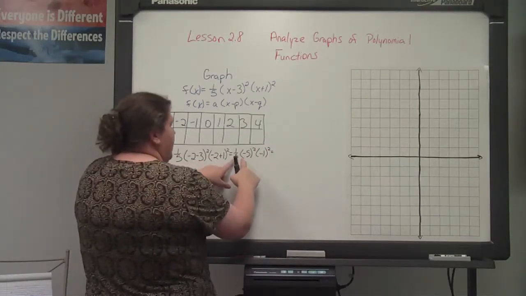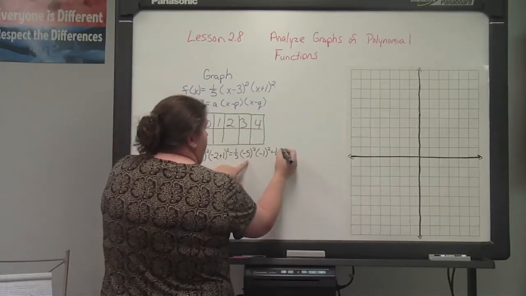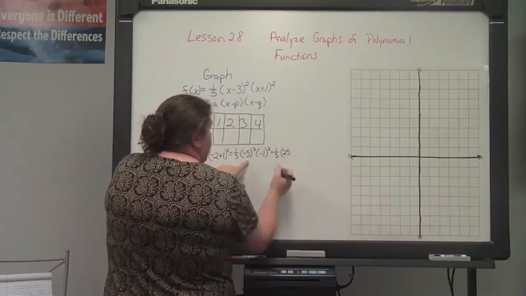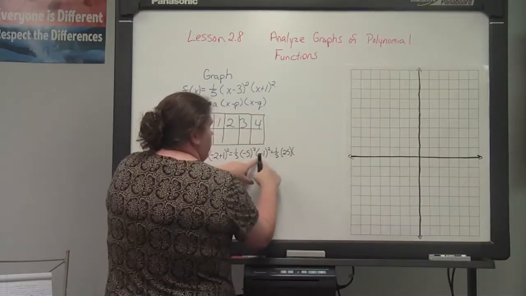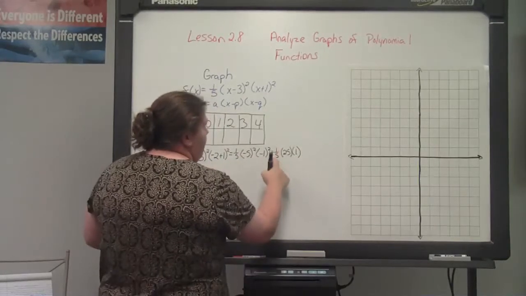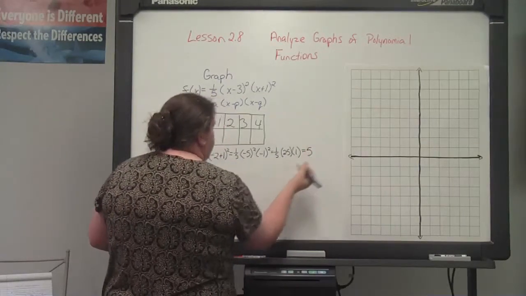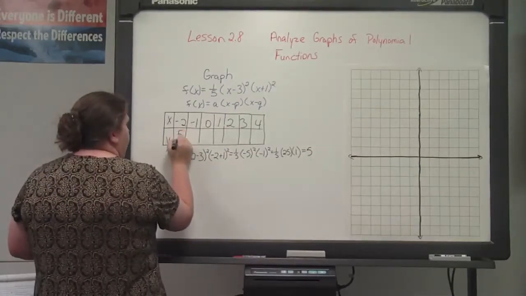We know that (-5) squared is a positive 25, and that 1 squared is 1. And so 1/5 times 25 will give us 5. So I'm going to go ahead and put 5 as my y.